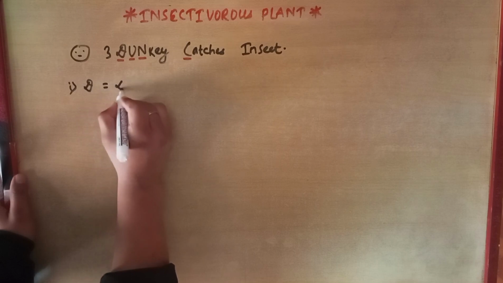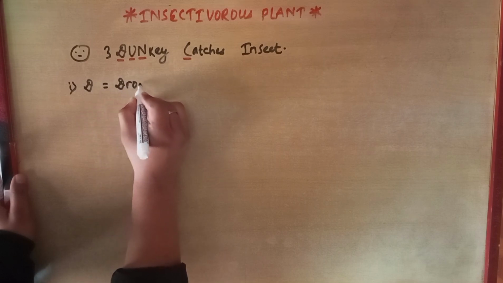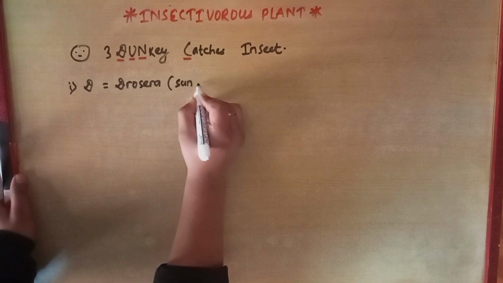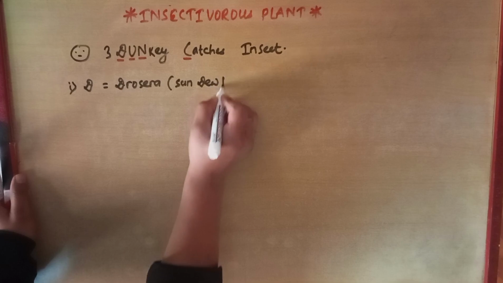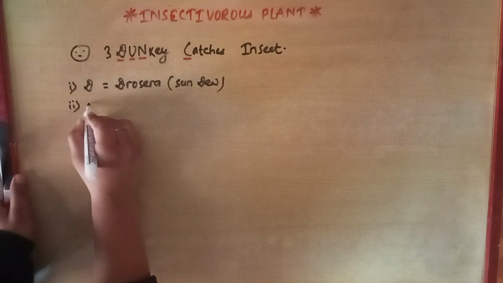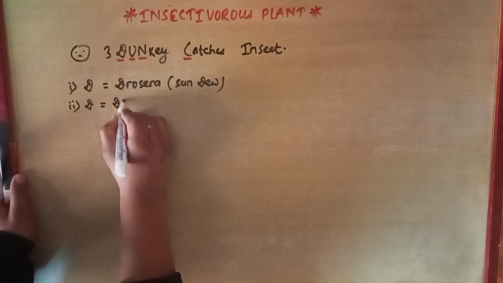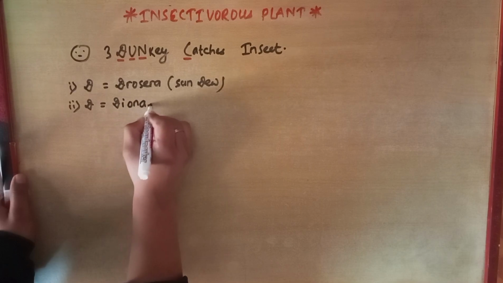So D means Drosera, sundew is the common name. In the second, again D, here D means Dionaea.